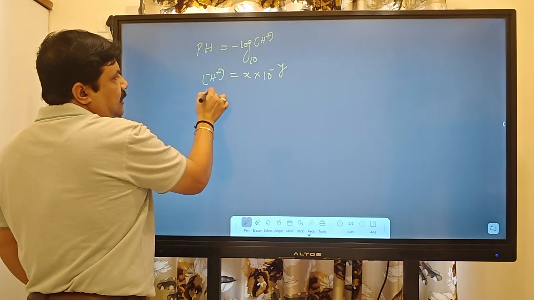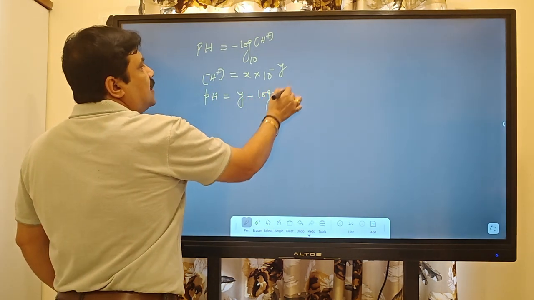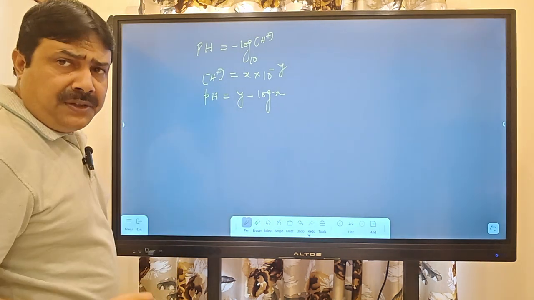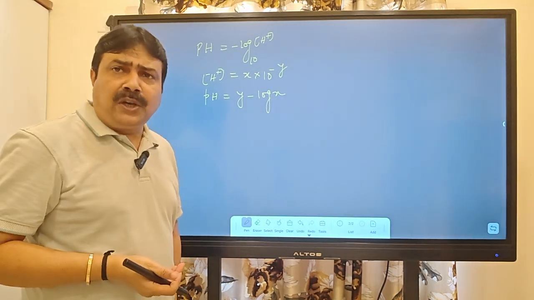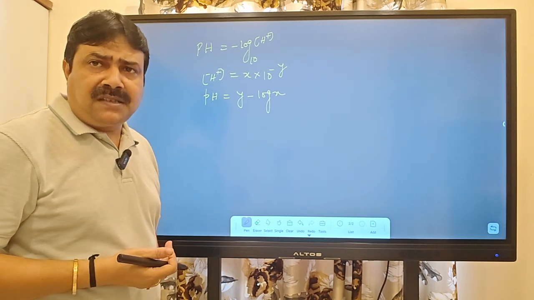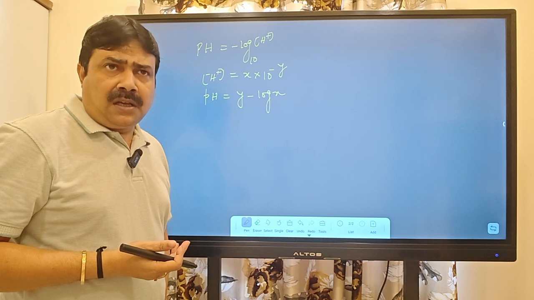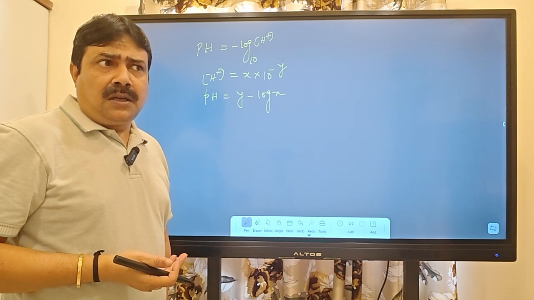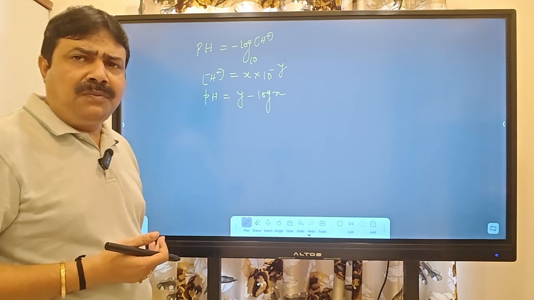Directly you can write down pH equals Y minus log X. And log 2 is 0.3, log 3 is around 0.48, log 5 is 0.69, log 7 is 0.84, log 1 is 0, log 10 is 1. So those basic values you have to remember.